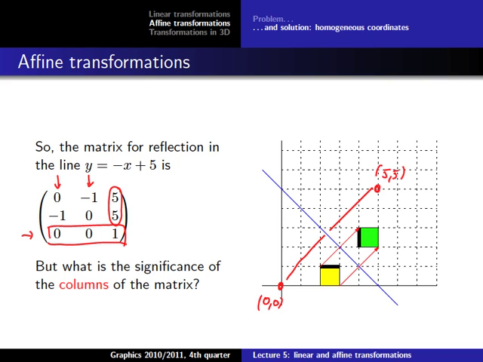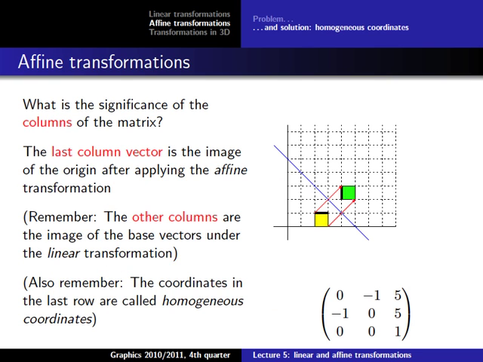a complex transformation matrix, not by splitting it down into simpler operations, but by just looking at it and saying, okay, it's a combination of a translation and a linear transformation. Then this left block here indicates the images of the base vectors. Here it's written, the images of the base vectors under the linear transformation.